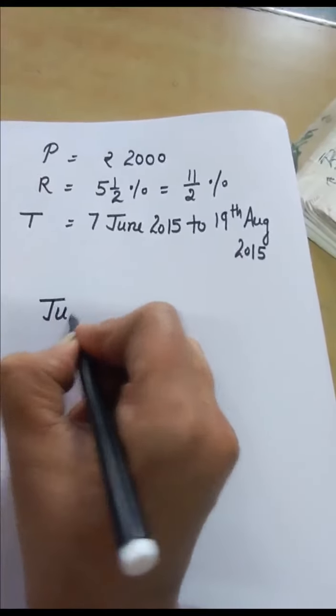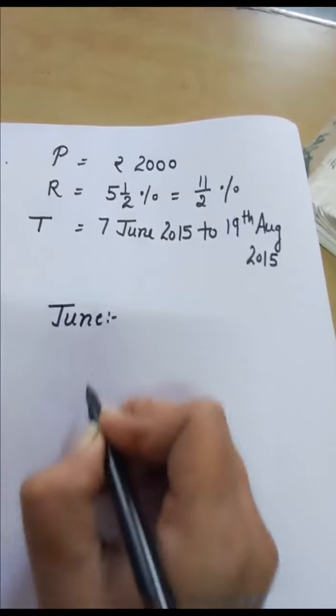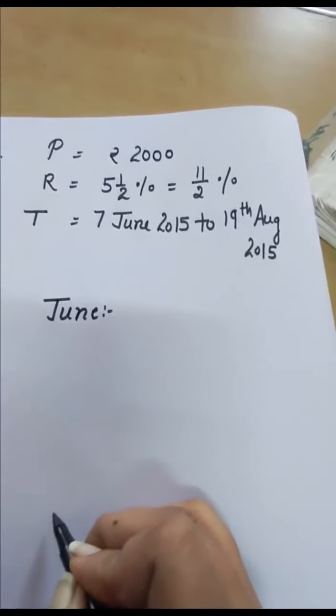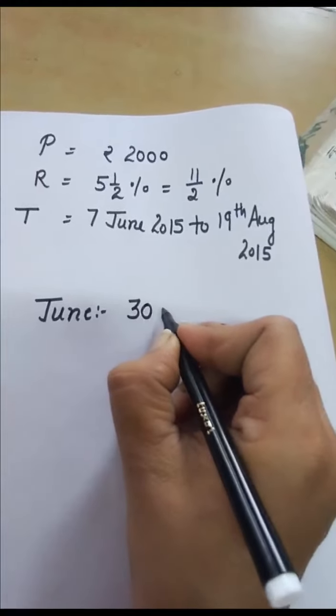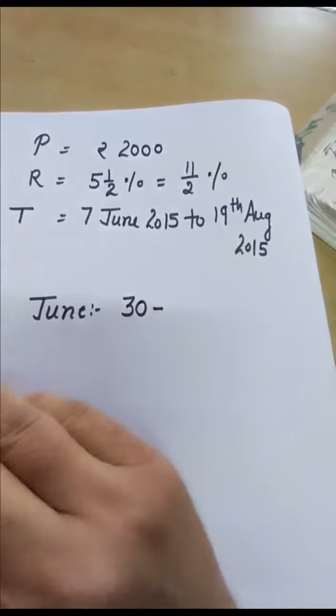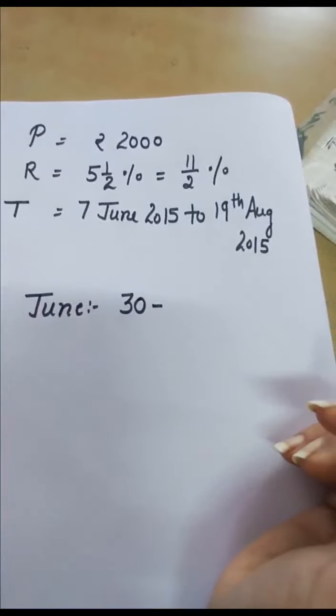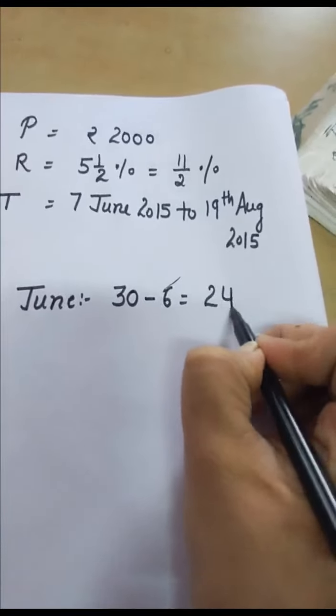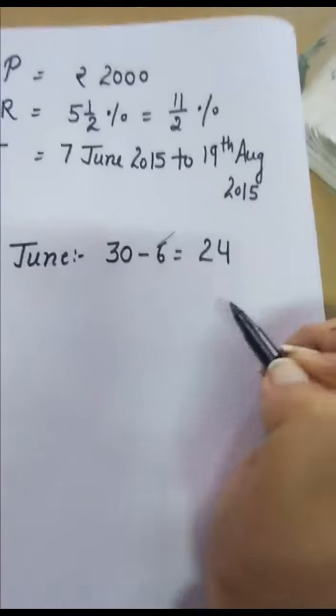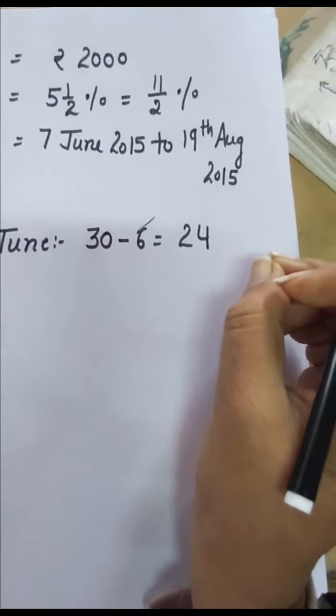In June, you have deposited your amount on 7th. That means there are 30 days in June, and only 6 days are there when your amount is not with the bank. So we'll subtract 6 from 30. So 24 days in June, your amount is with the bank.